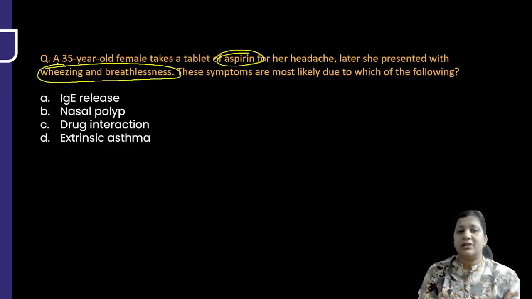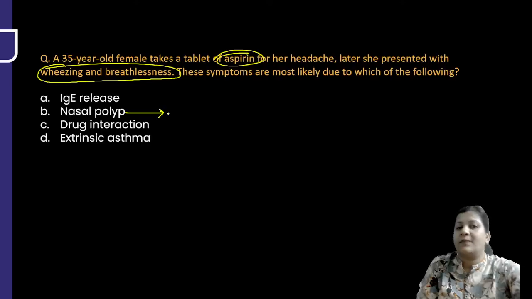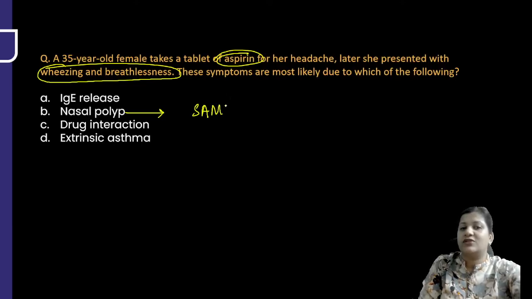So is the patient having an allergic reaction causing IgE release and causing the symptoms of breathlessness and wheeze? The symptoms shown here, aspirin presenting with breathlessness and wheeze with nasal polyp, are part of a triad which we call Samter's triad.